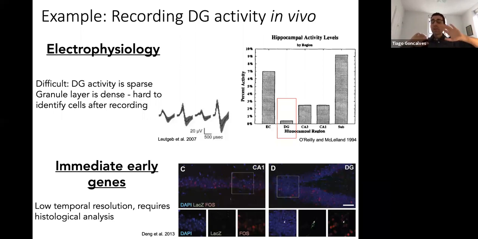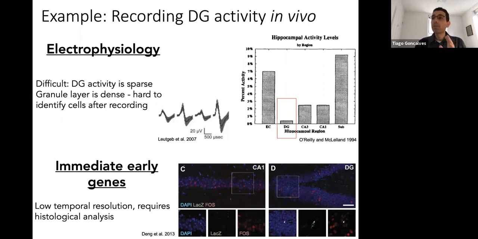It's also relatively, with a lot of techniques, unless you do patch clamp recordings and you fill the cells, very often it's very hard to identify because it's such a dense area. It's very hard to identify which cells you recorded from, and there's actually a heterogeneity of populations here.